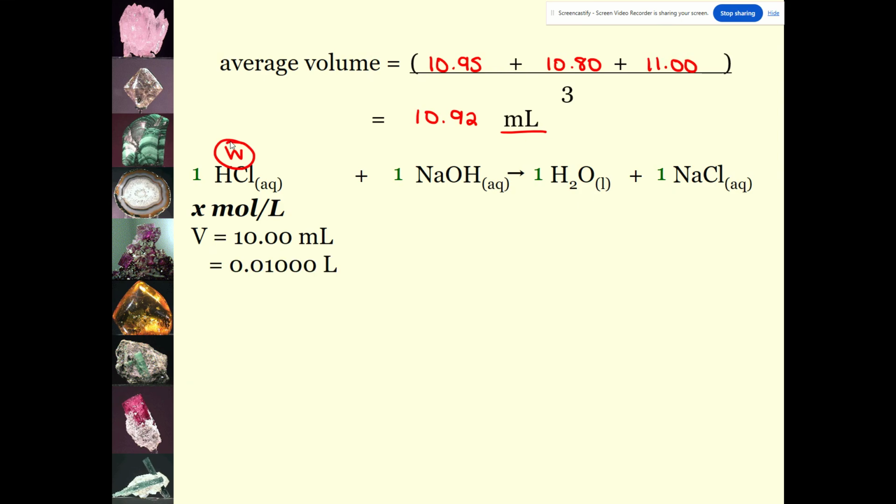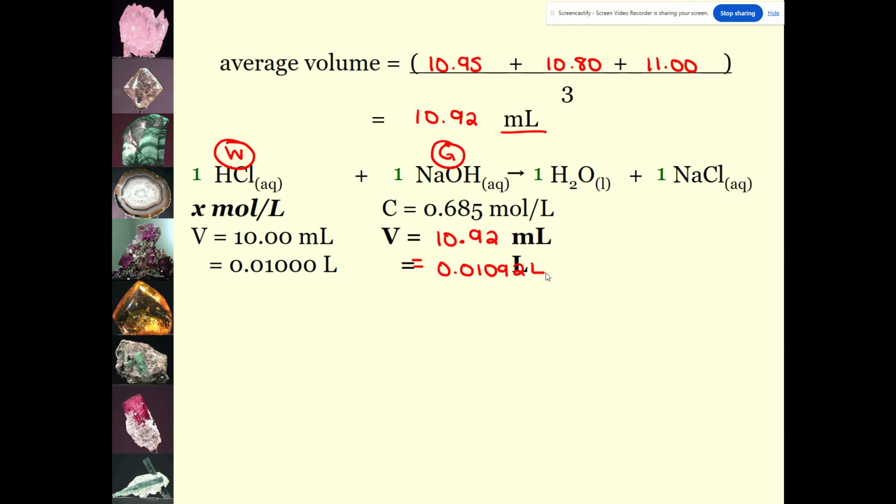I was given the concentration of the sodium hydroxide, and I now know the volume of sodium hydroxide that it takes for it to fully react with the 10 milliliters of the hydrochloric acid. Converting this into liters would be 0.01092 liters. Remember, you always want to have everything in liters. Okay?